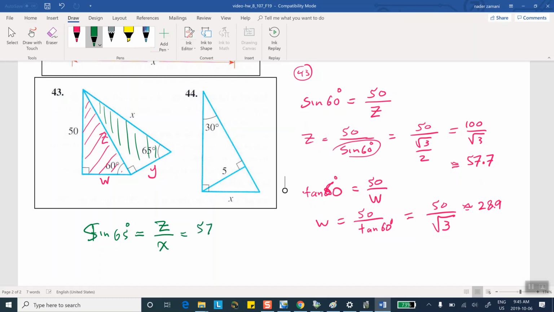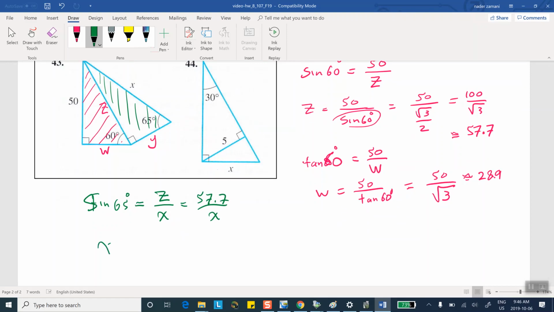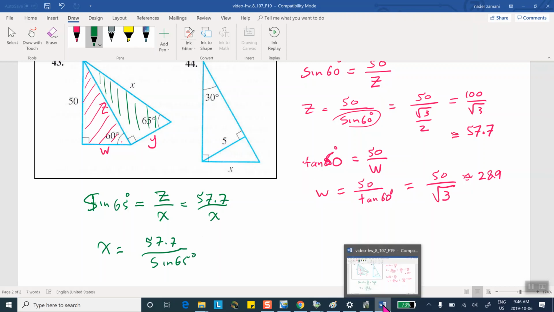It was 57.7 divided by X. So X is equal to 57.7 over sine of 65 degrees. Okay, so let's go put that in our calculator. 57.7 divided by sine of 65.